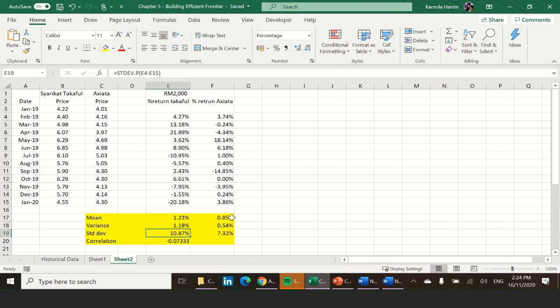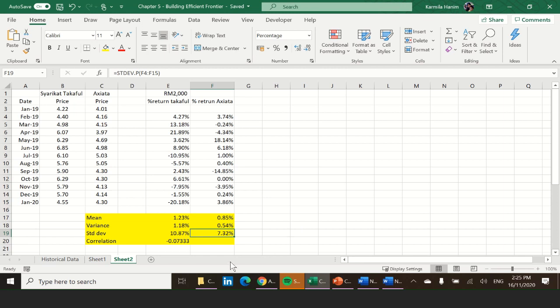Likewise, Axiata has 0.85% mean return with 7.32% standard deviation. So far, we can conclude here that both stocks are quite volatile, okay, by looking at the dispersion of each data point here, in relative to its mean. So that's why it reflects the high standard deviation figure for both stocks.